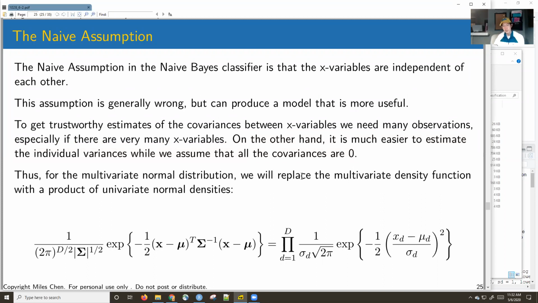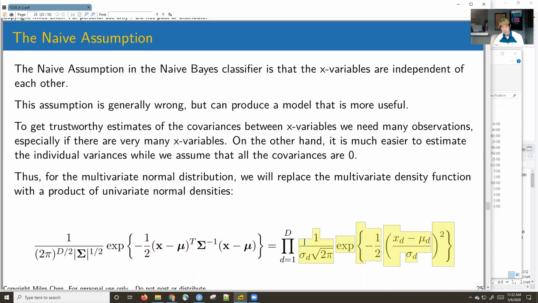So what this does is that when we do the likelihood calculations for the naive Bayes classifier, instead of using the multivariate normal density, we just take a product of univariate normal densities.